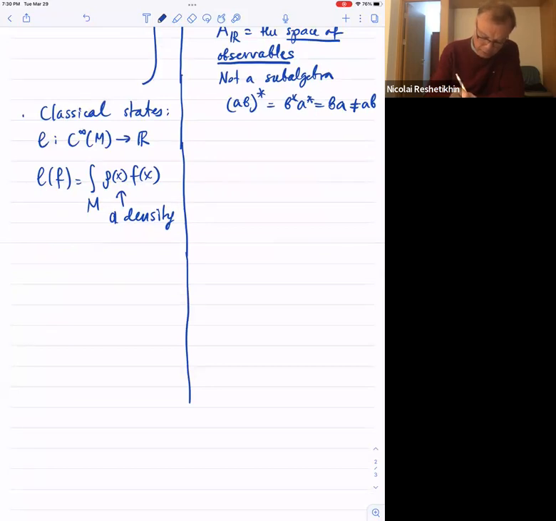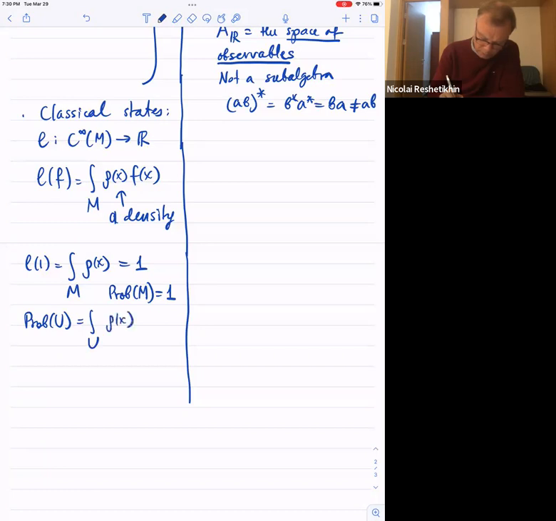and it's a probabilistic measure in the sense that L of 1 is the integral over M of rho(x) equals 1. It means that the probability of M is 1, and then the probability of U is just the integral over U of rho(x).